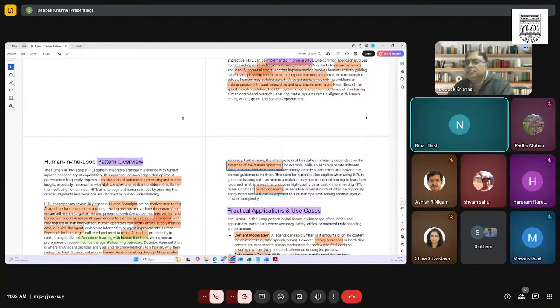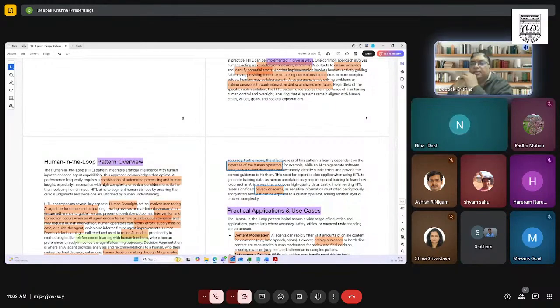What I'm understanding is, let's say I'm writing some AI agents, where it is interacting with either another agent or some automated process. In that case, a human will come in the loop only when some decision needs to be taken.